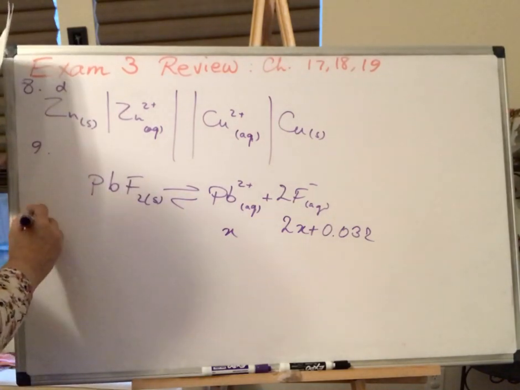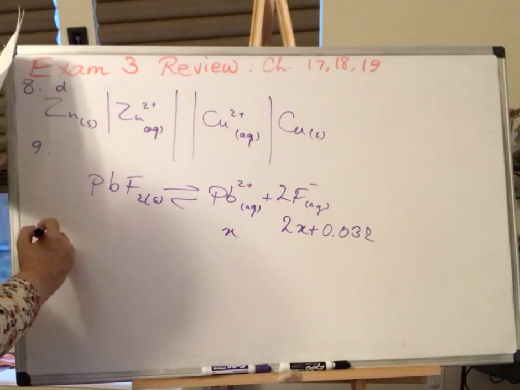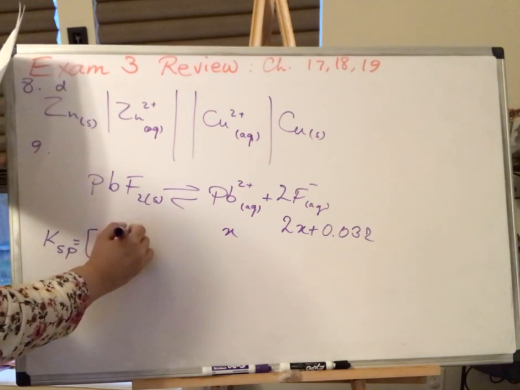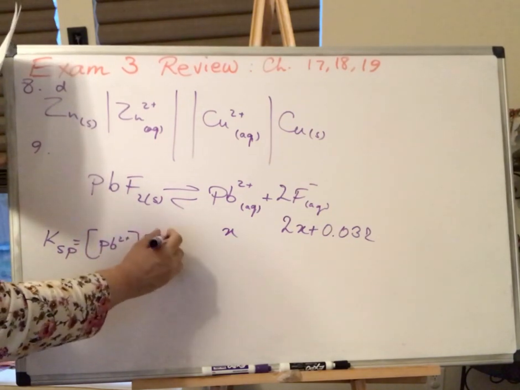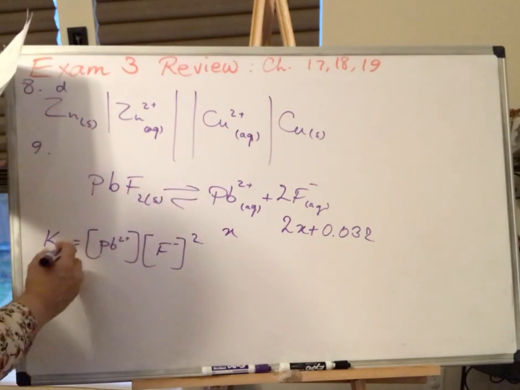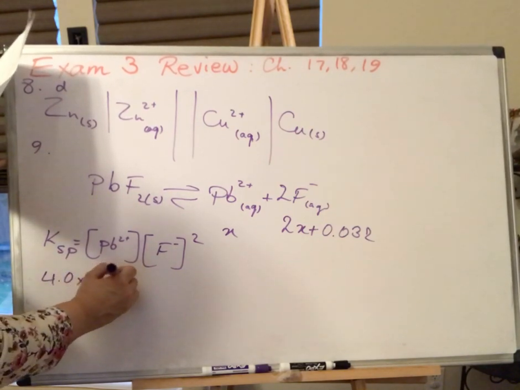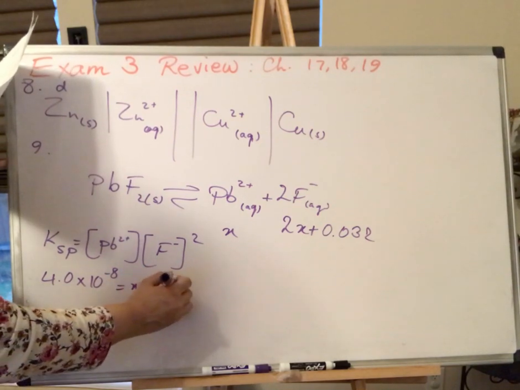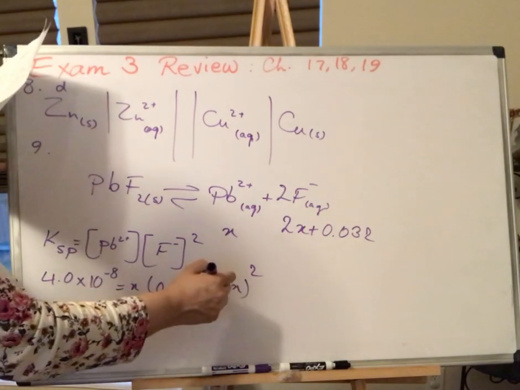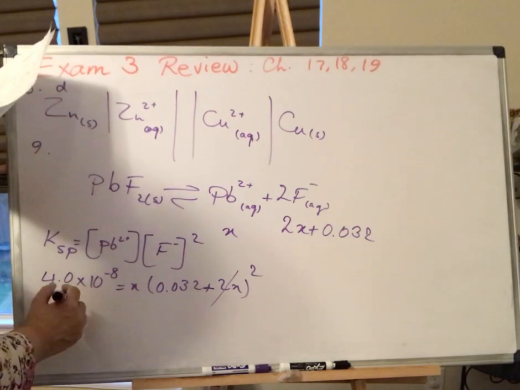So let's write the KSP. KSP is concentration of Pb2 times concentration of F squared. So 4 times 10 to negative 8 is going to be X times 0.32 plus 2x squared. We normally disregard this 2x, especially when KSP is small.